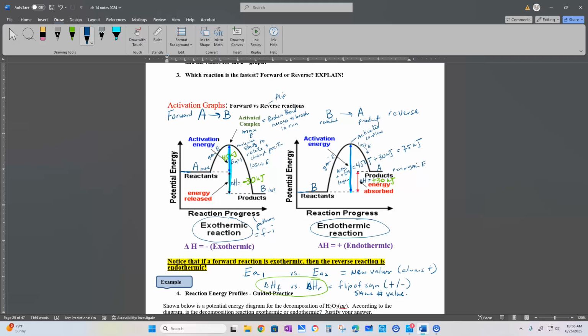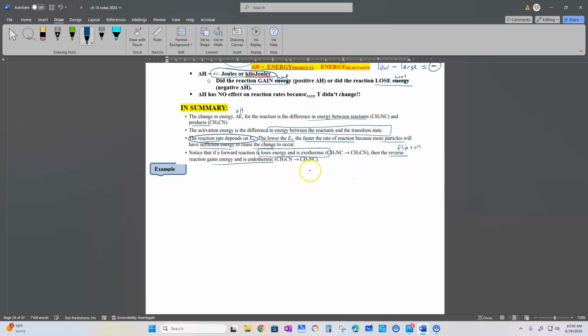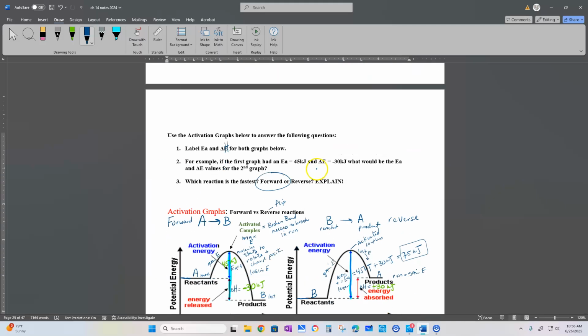So in one case, your EA was 45, in the other case, your EA is 75. Well, which reaction is fastest? Well, the forward is the fastest, and why? Remember, we set it up here in the summary, okay? The lower the EA, the faster the reaction.